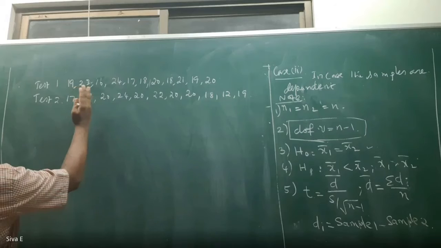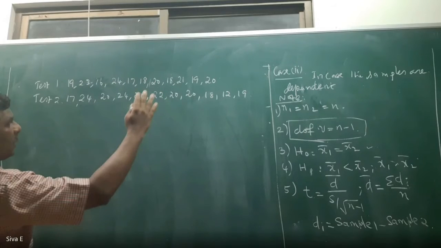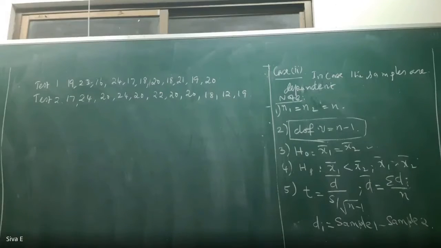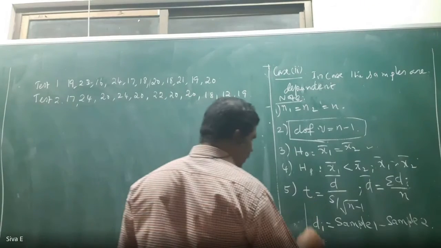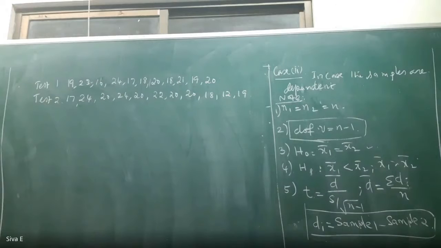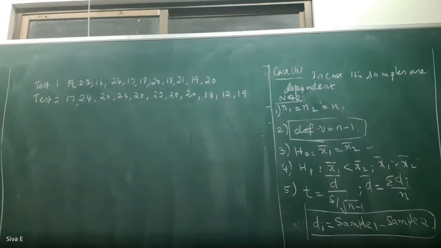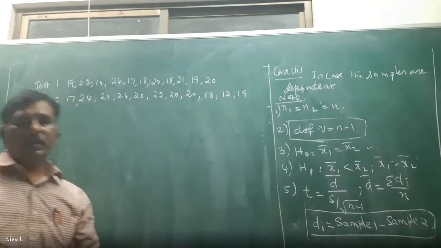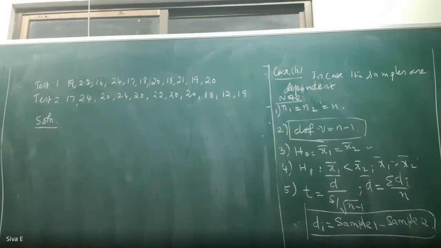So write equally, give some space, because we are going to find sample 1 value minus sample 2 value. So we should not mix it. When you are writing the data, give some gap for this. Then only there is no confusion here.